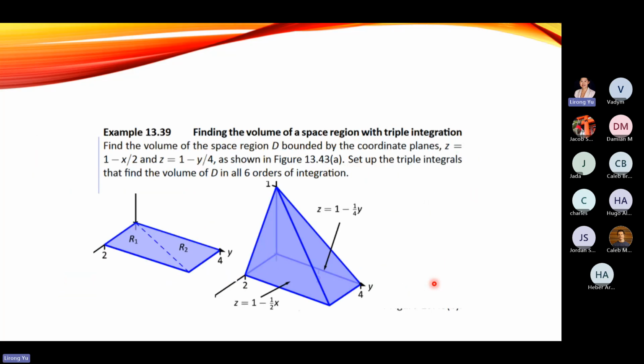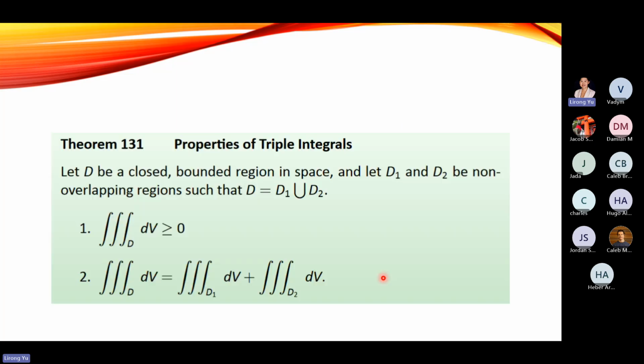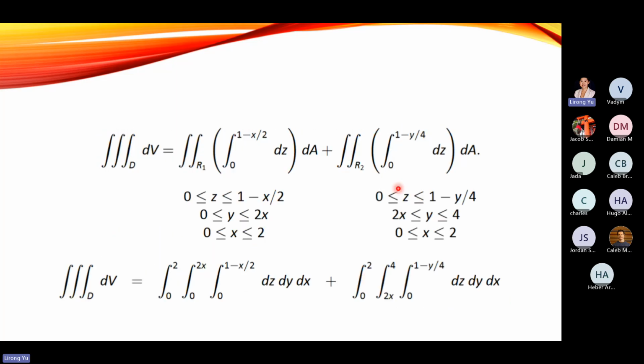Or if you look at that image, we can choose other integration orders. The reason that we have to do two separate integrations is because we chose the integration order dz, dy, dx. That's the reason it ends up being two separate integrals.